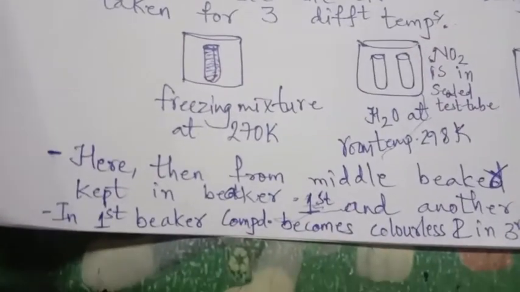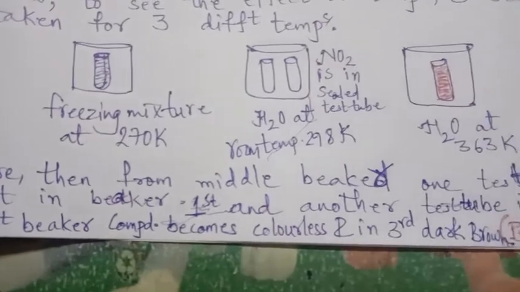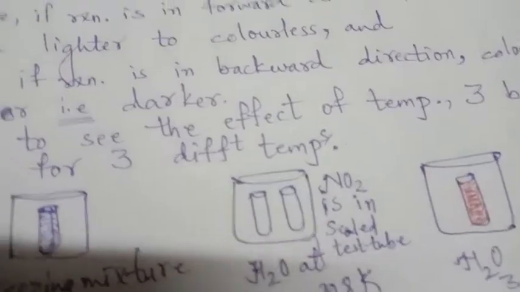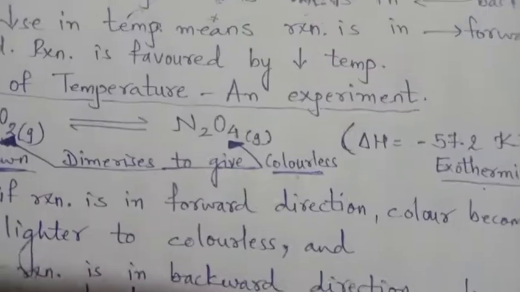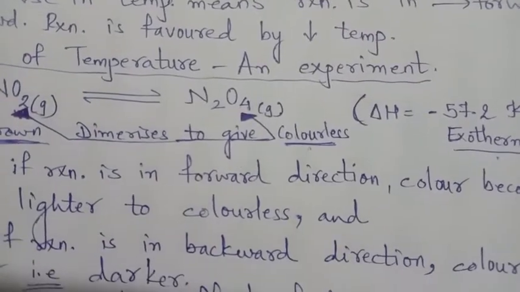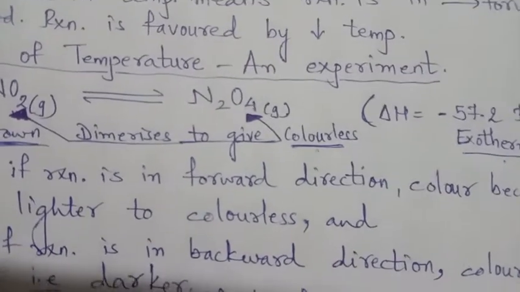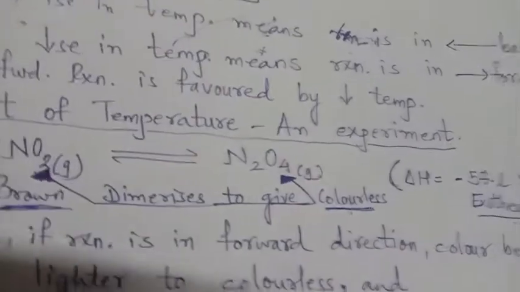So in the first beaker, the compound becomes colorless and in the third beaker, it remains brown. So there is some change with temperature. Lower the temperature, the color is colorless. Higher the temperature, the color becomes darker. Right?